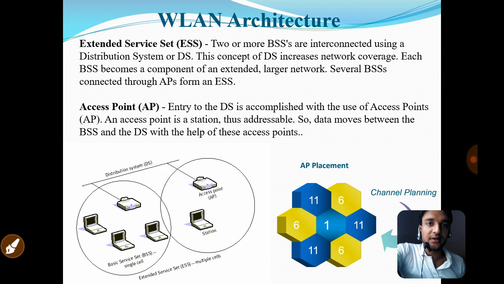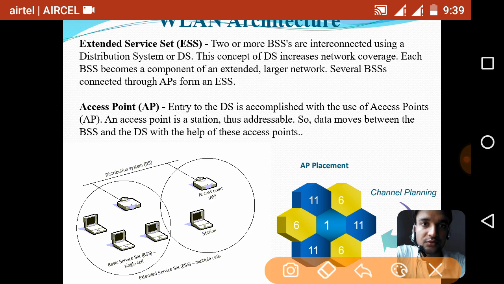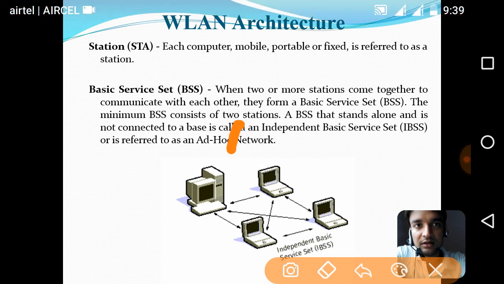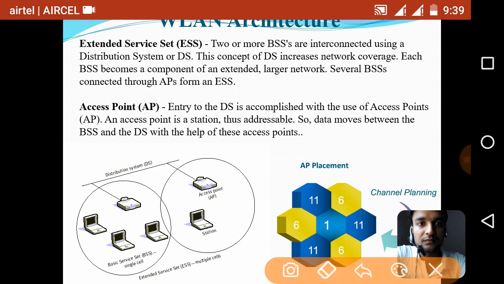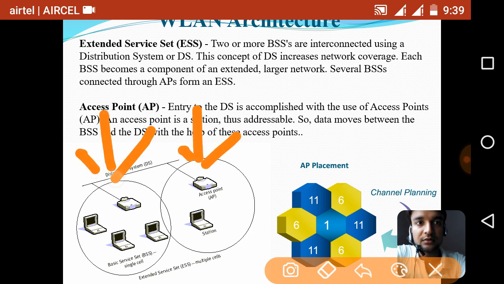So what's happening here? See, in this figure, the left side has two circles. I'm showing you, this one is the access point, and this one is also an access point.